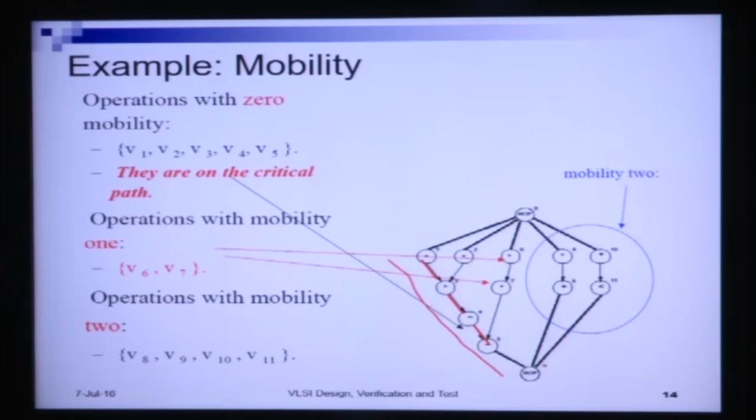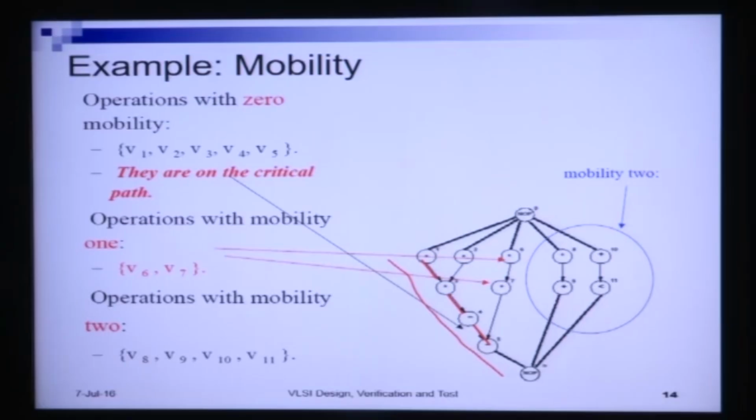Why? Operation 6 can be scheduled in either time step 1 or time step 2. Similarly, operation 7 can either be scheduled in time step 2 or time step 3 with the latency bound of 4 that we have. So, the mobility of the operations 6 and 7 becomes 1.